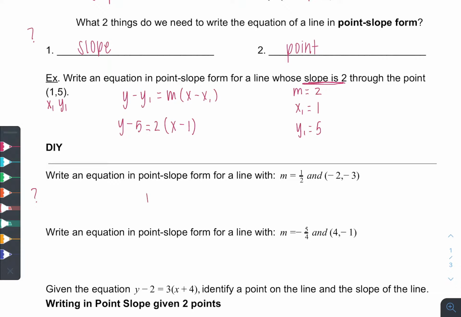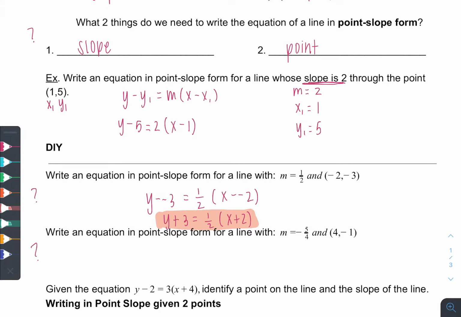What you should have written for this one was y minus negative 2 equals 1/2 times x minus negative 3. So when you simplify that, you get y plus 3 equals 1/2 times x plus 2. So that right there is your final answer.